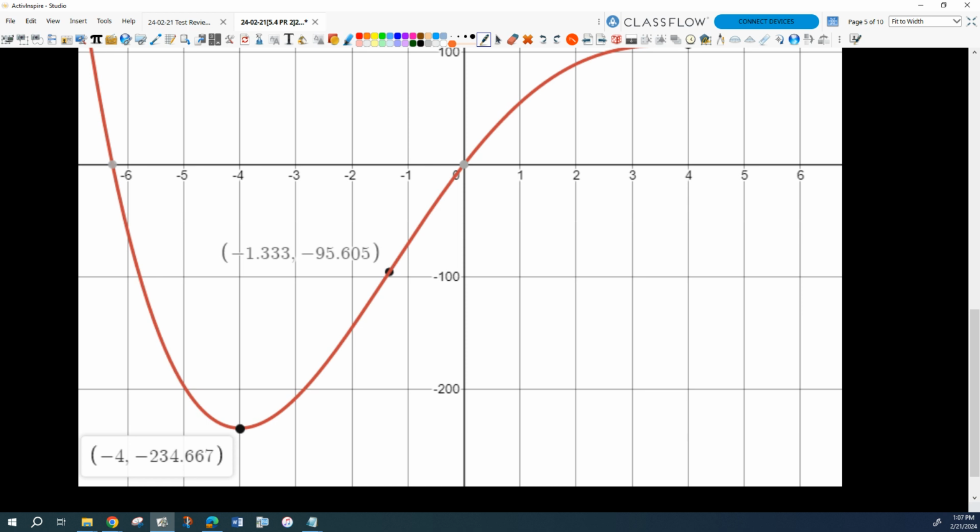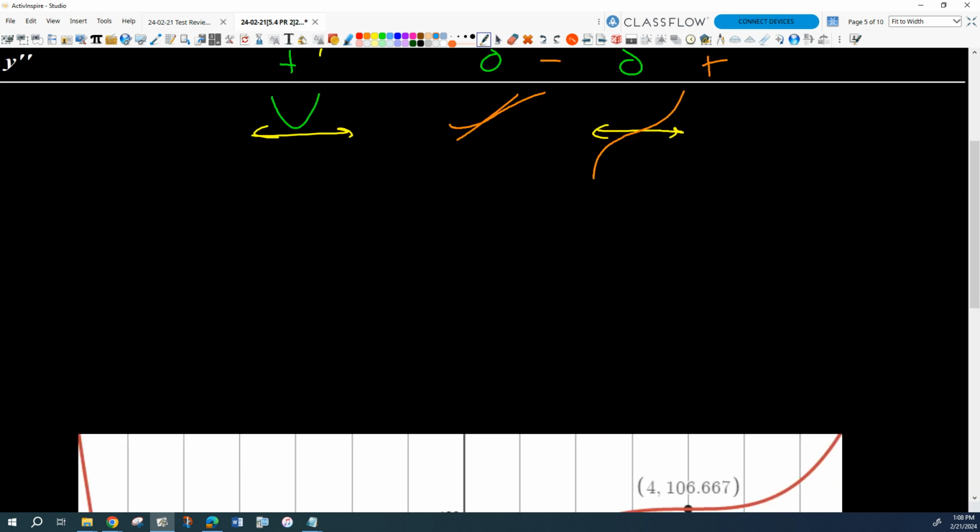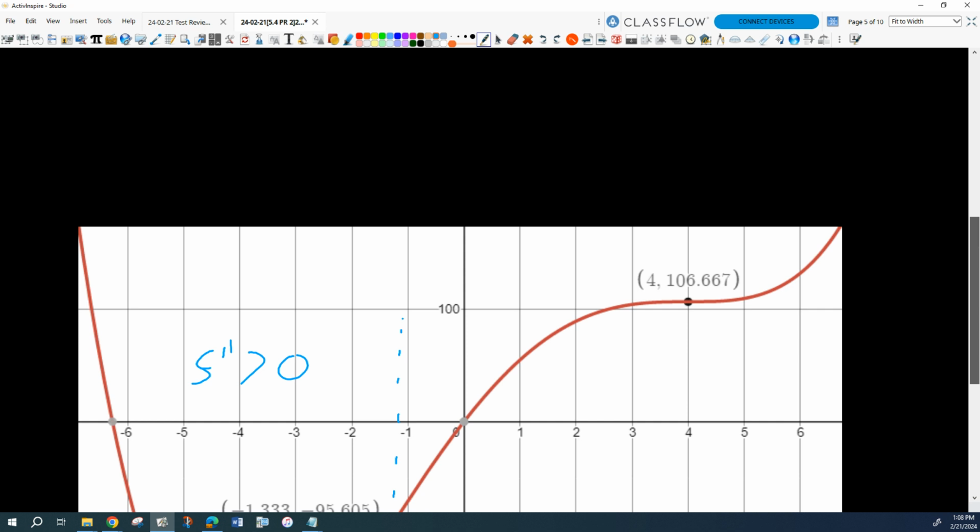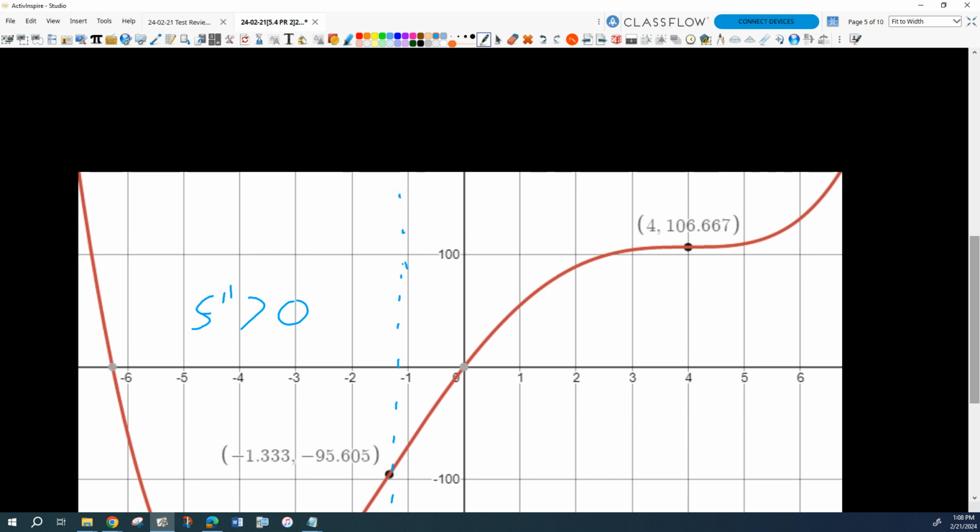If we divide this up into concavities, over here F double prime is positive. Over to here, F double prime is negative, and then there it's positive.